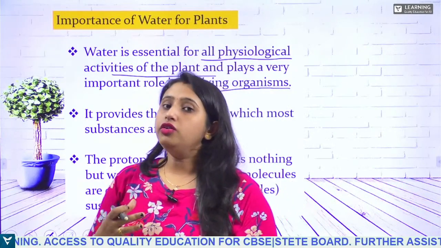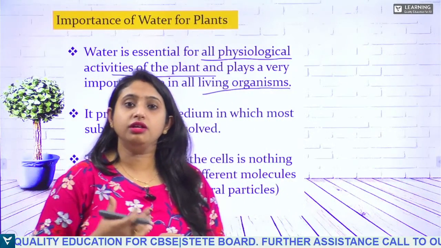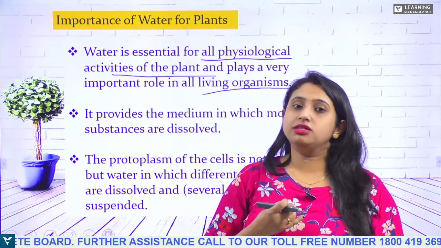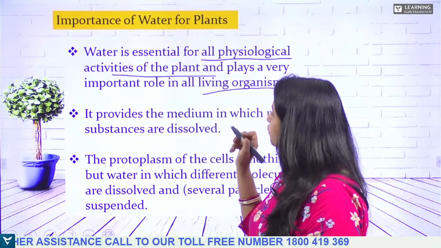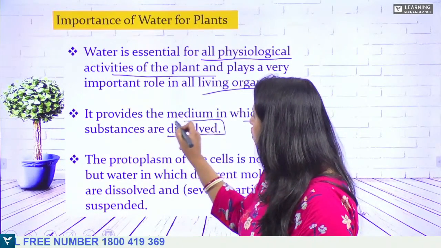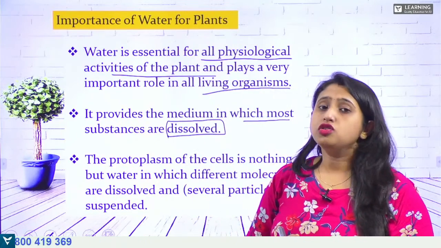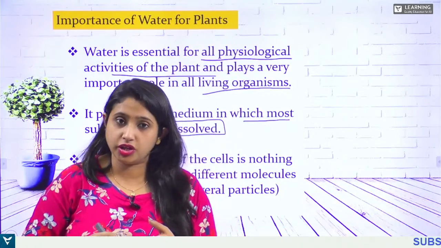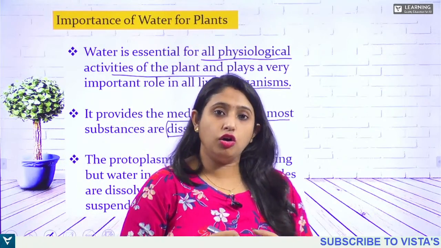Along with the water, essential mineral nutrients are also carried by the xylem. Next, it provides the medium in which most substances are dissolved. So water is the medium in which most substances like solutes get dissolved.